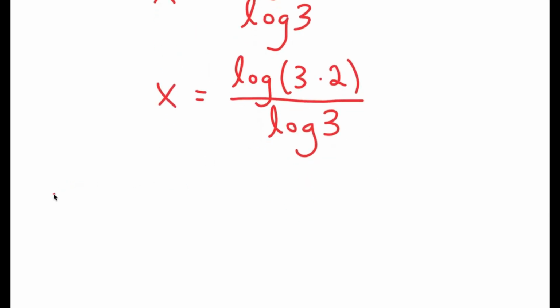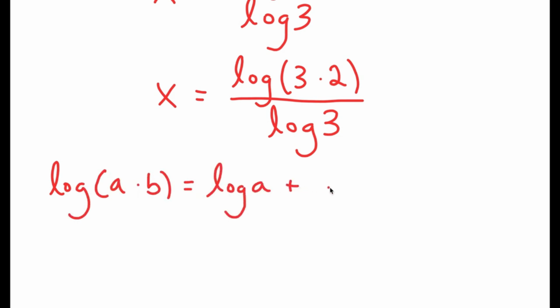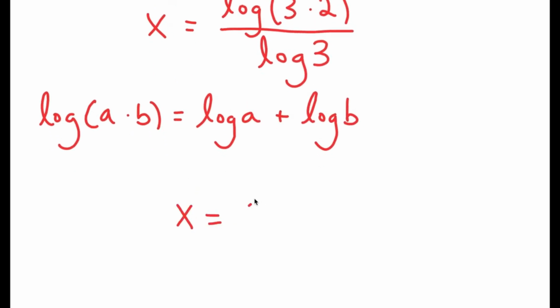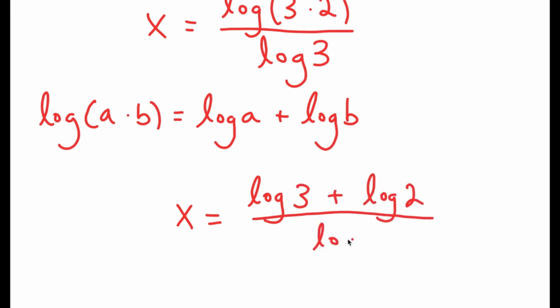And if I have something in the form log of a times b, this is equal to log a plus log b. So log of 3 times 2 is equal to log of 3 plus log of 2, and I have this over log of 3.